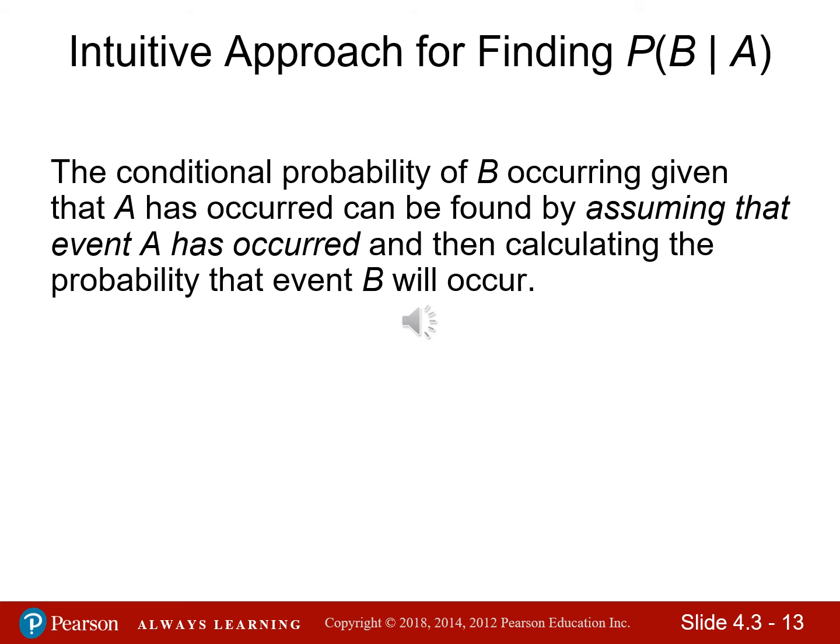So the intuitive approach for finding the conditional probability of B given A is as follows. Another way of seeing this is that the conditional probability of B occurring given that A has occurred can be found by assuming that event A has occurred and then calculating the probability that event B will occur.